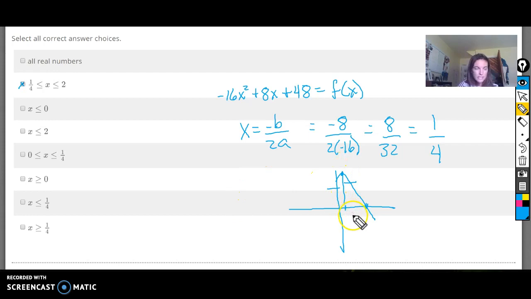Okay, let's see, x less than or equal to 0, 0 being here, we should be able to do that, but that's not actually listed as one of the answers. It should be, because you could use that range. You could find anything less than 0, but it wouldn't give you this piece right here.